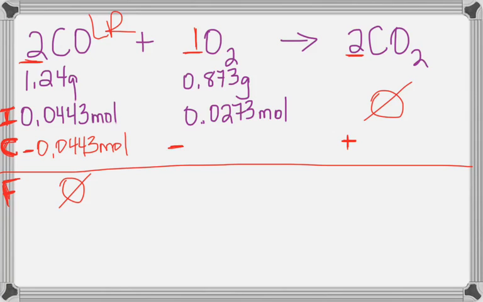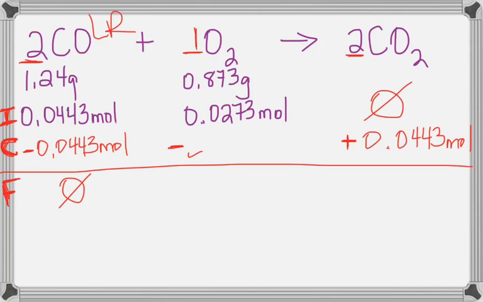Okay? So the one that's easy for me to see is that if CO has a coefficient of 2, and I already know that number is 0.0443, and CO2 has a coefficient of 2, those numbers have to match because 2 is to 2 as 0.0443 is to 0.0443. Agreed?